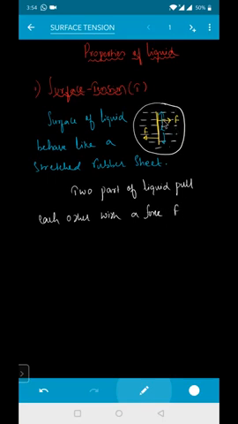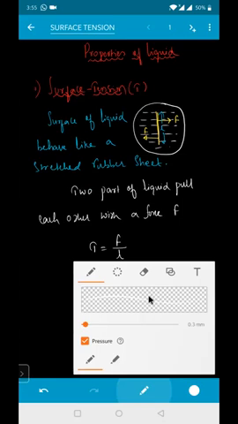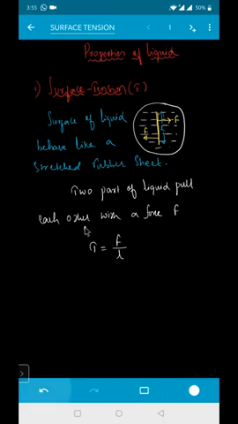So this part of a liquid is pulling with your F, and this part of a liquid is pulling with your F. So surface tension is defined as this force per unit imaginary length. So surface tension is equal to how much for me?